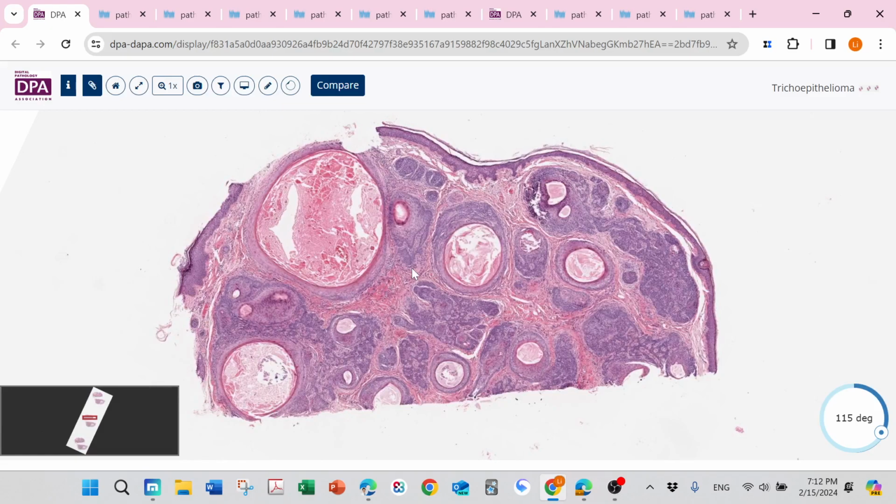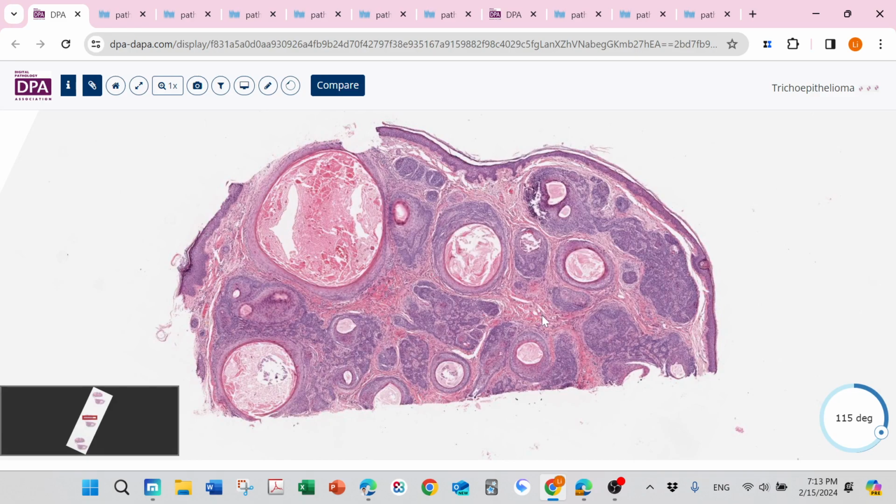CK20 can highlight the passenger Merkel cells, because in a benign lesion, there should be some Merkel cells around. So when you do CK20, you can highlight single individual CK20 positive passenger Merkel cells around. That is really good for a benign entity, trichoepithelioma.